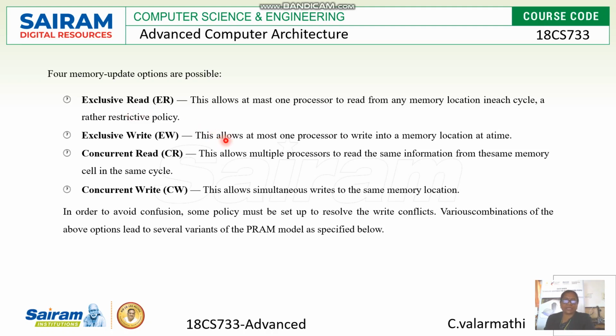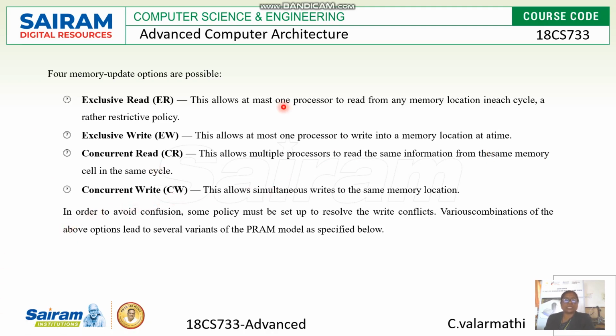Similarly, exclusive write allows only one processor to write into a memory location. This is the formal reading and writing operation that the RAM architecture previously followed. Then the second kind of variation: memories that allow multiple processors to read the same information from the same memory location are called concurrent read.